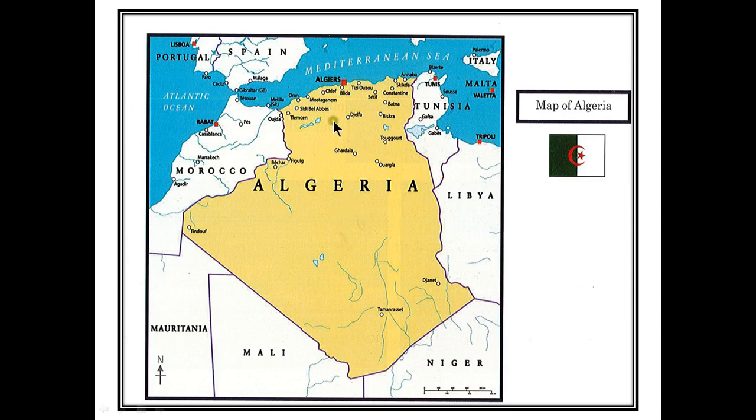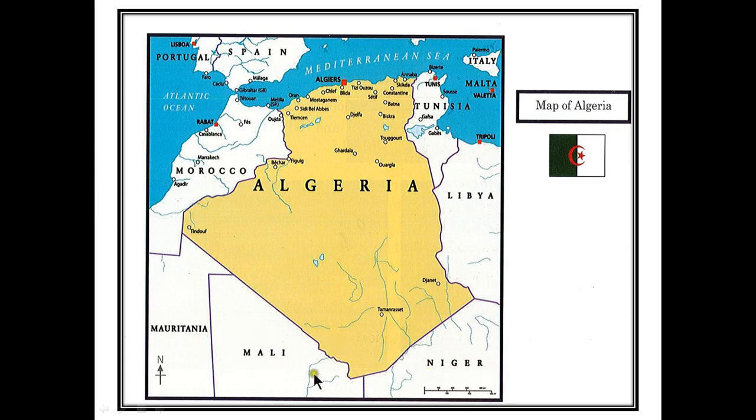Where Algeria is situated and what its different borders are: Morocco is on one side, whereas Libya is there, then Mauritania, then Niger, and Mali is also there.